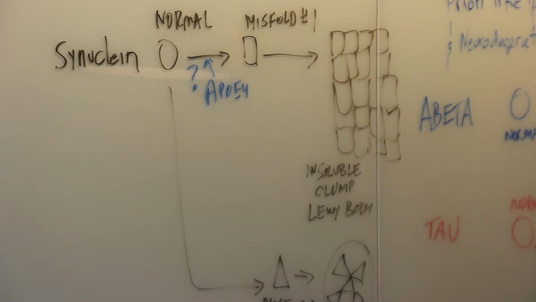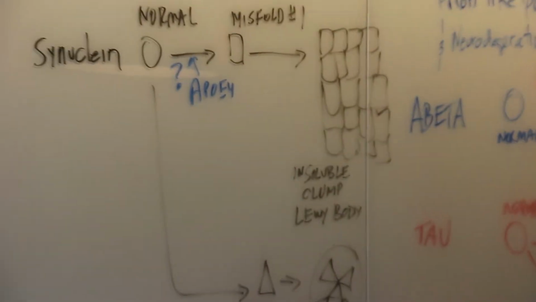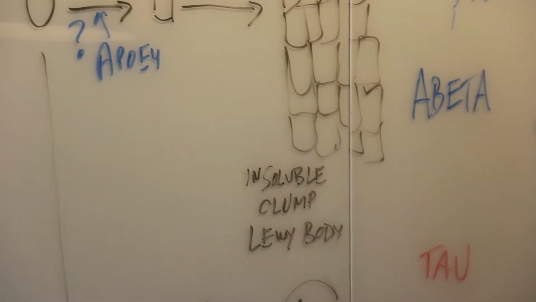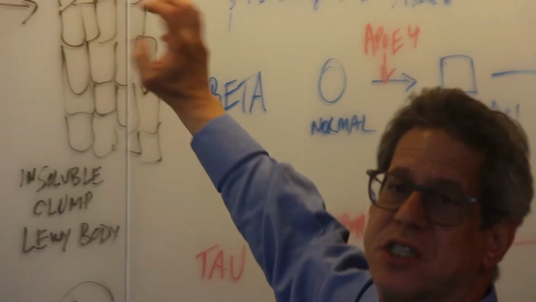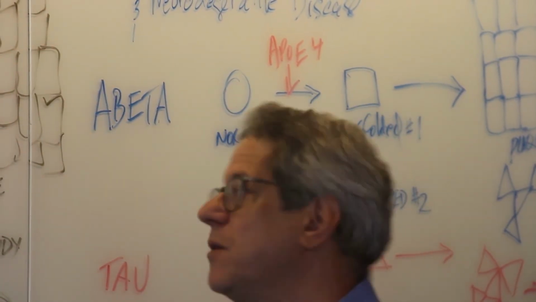This is a hallmark under the microscope of the disease, but Lewy bodies, like plaque and tangle for Alzheimer's, are very large and insoluble and can't spread throughout the brain. So they are a sign of the disease, but probably less likely to be a direct cause of the disease.